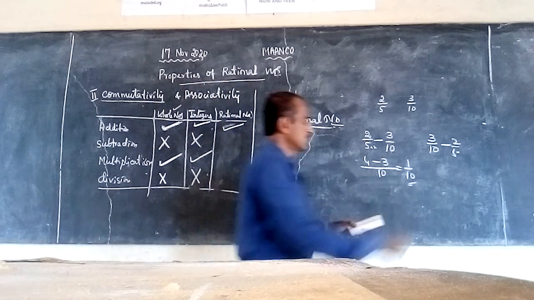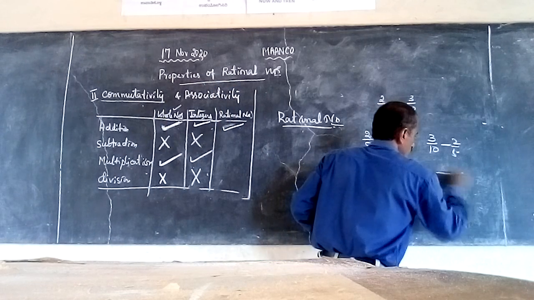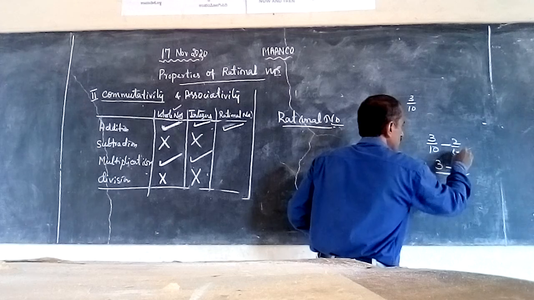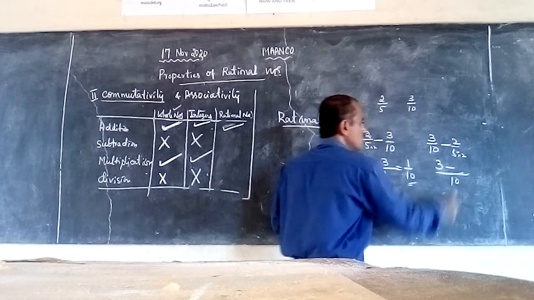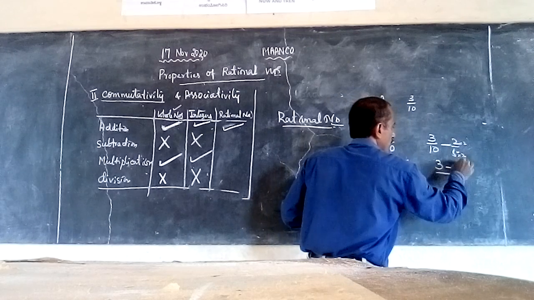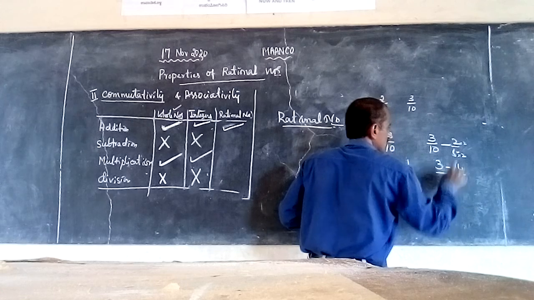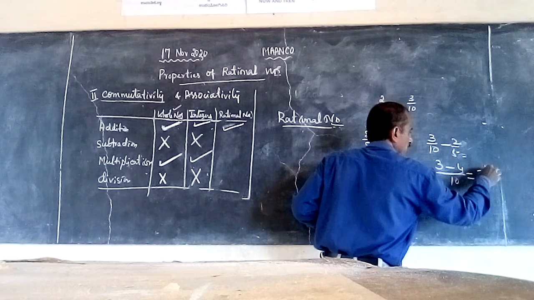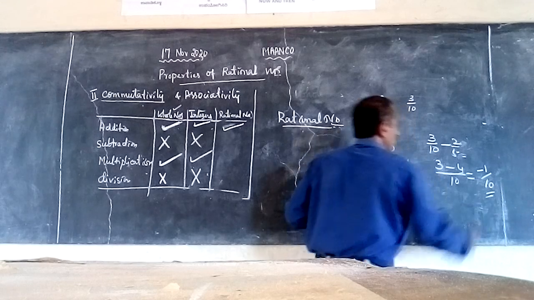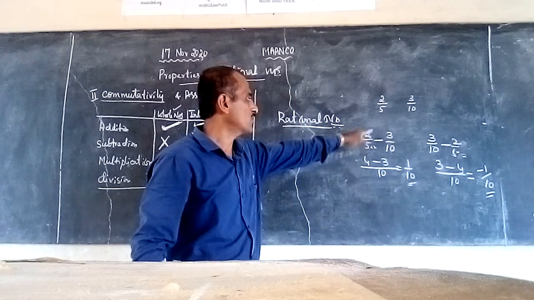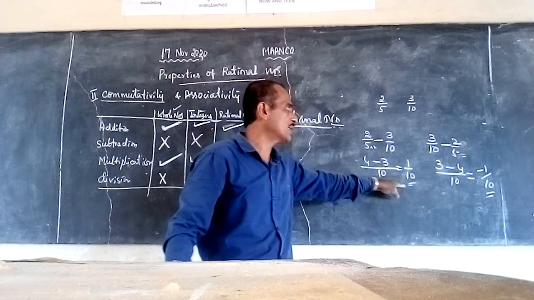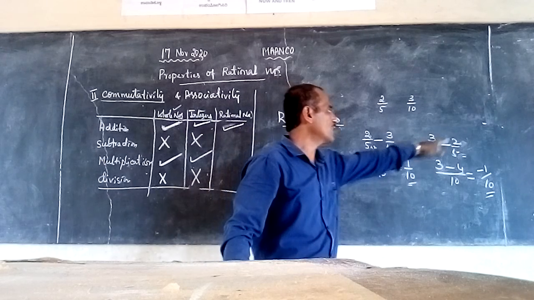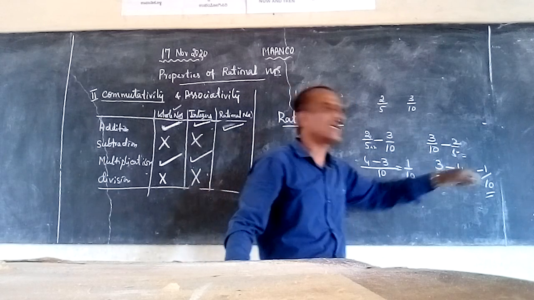What about here? 10 is the LCM there also. 3 minus 4. What is the answer? 3 minus 4 is equal to minus 1 by 10. See, 2 by 5 minus 3 by 10 is equal to 1 by 10. 3 by 10 minus 2 by 5 is equal to minus 1 by 10.